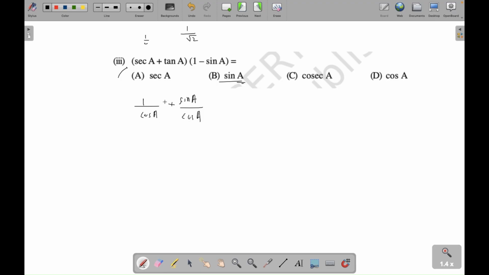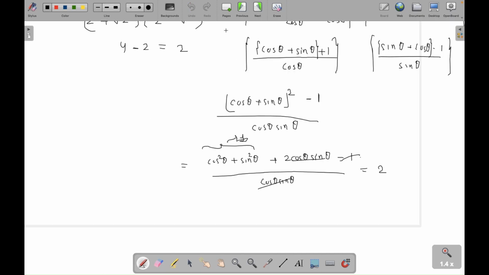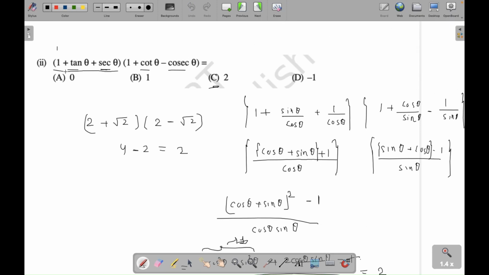If you don't know that, then try substituting values. So we can get the answer if you substitute this as 30. So if 45 fails, 30 will come up. Right. So you should not use 45 when you have both sine A and cos A as the options. You should use 45 or angles like 45 when you have such numerical values as the options.